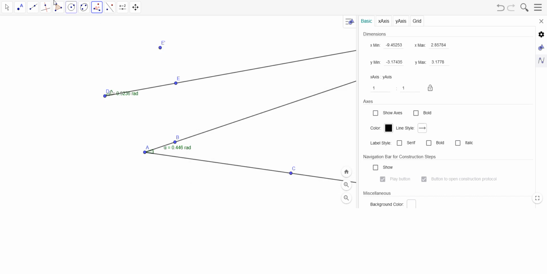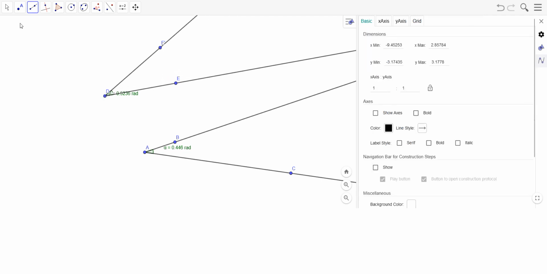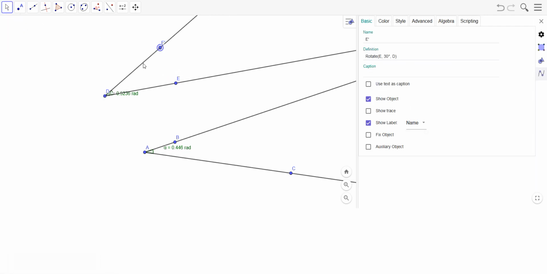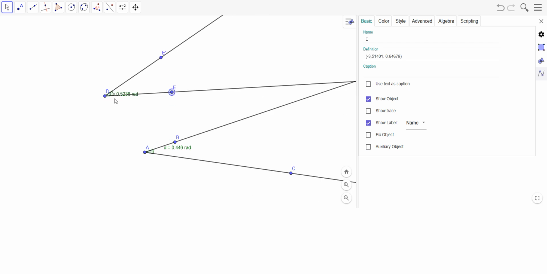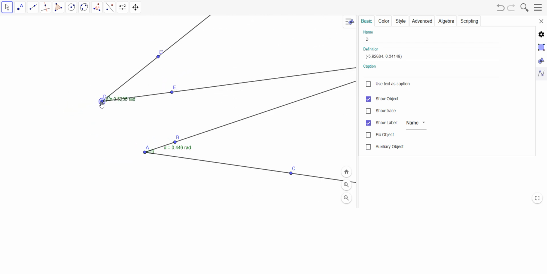What it'll do is rotate this around this point by that amount, and you can complete it by completing the ray here. And notice this point you can't really move. This stays that particular angle size that we want it to be.